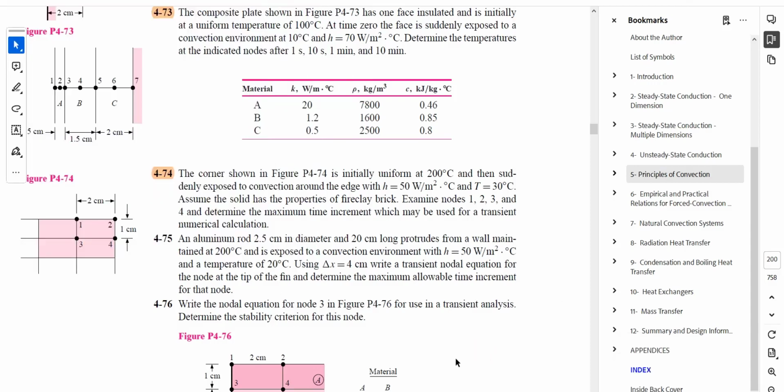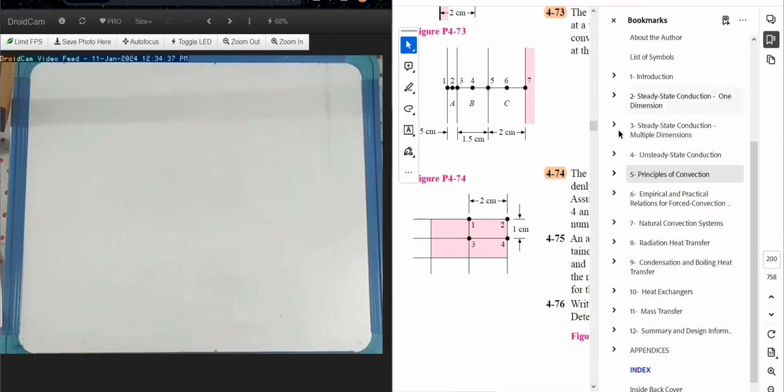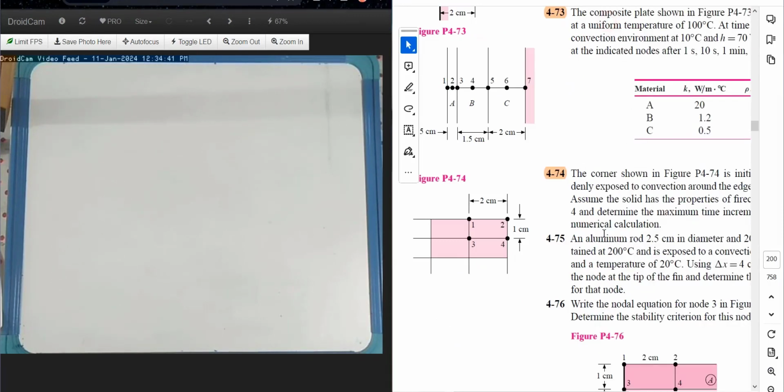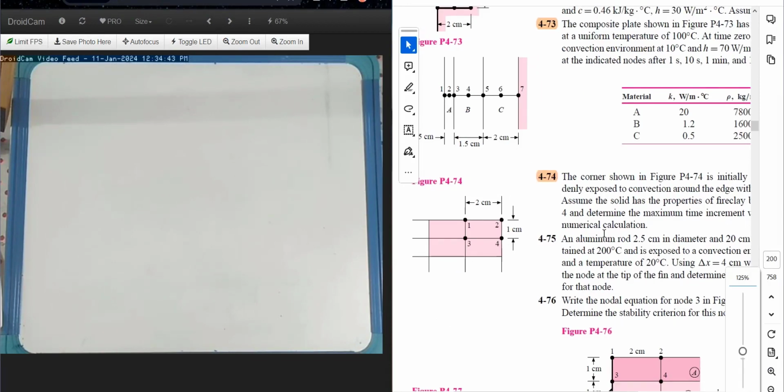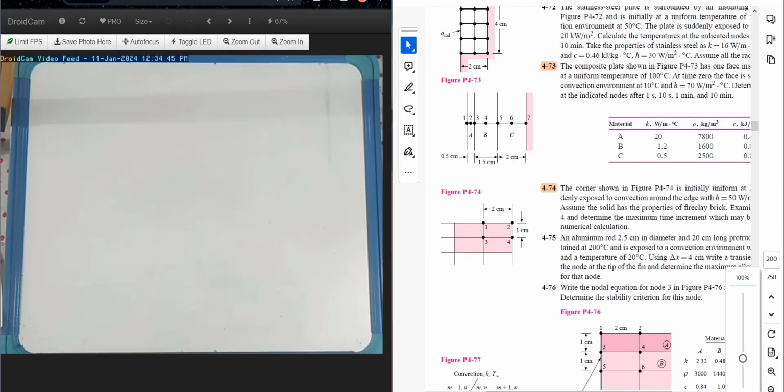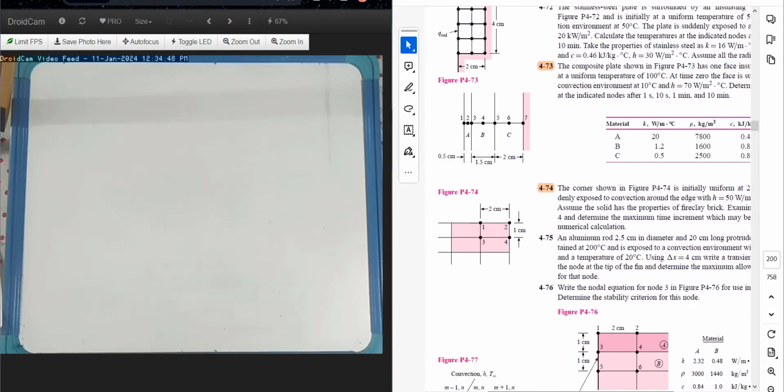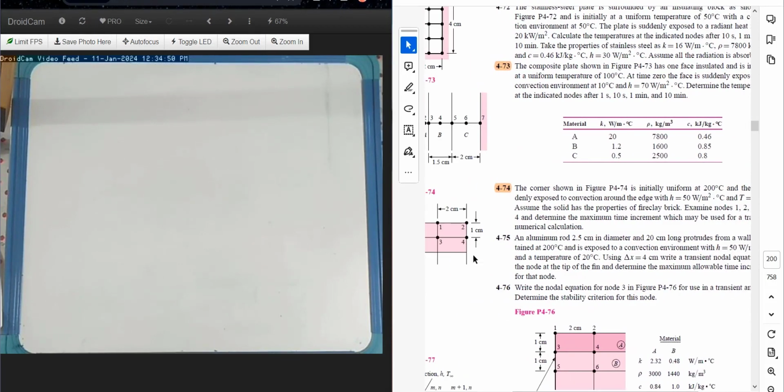Just let me prepare this page to understand it more.